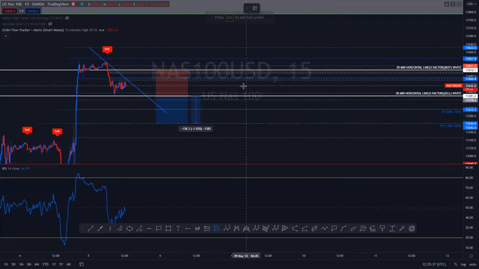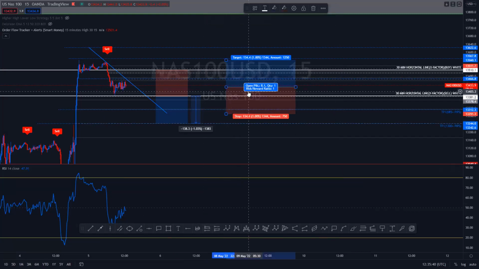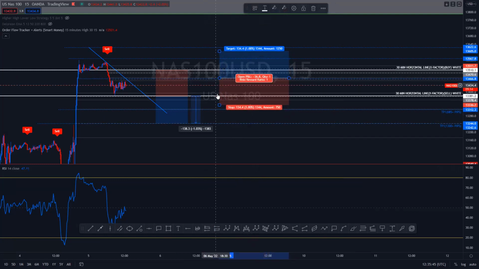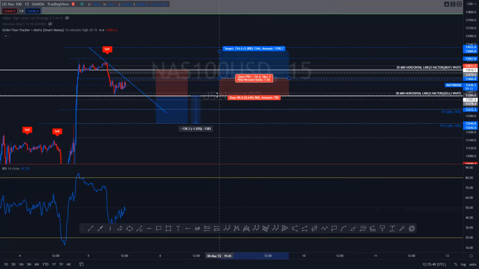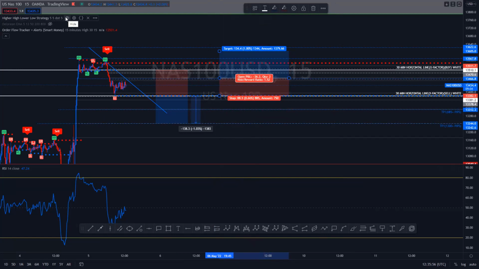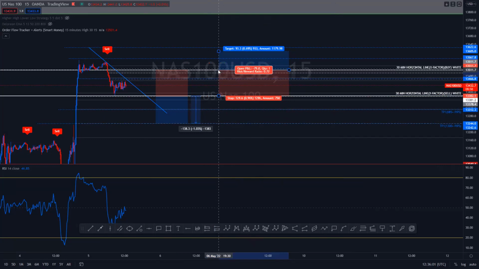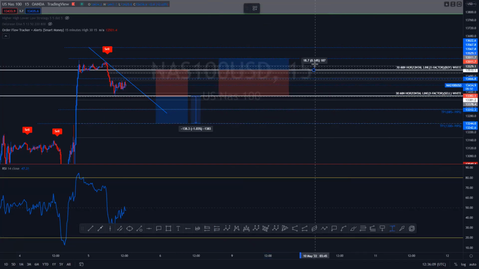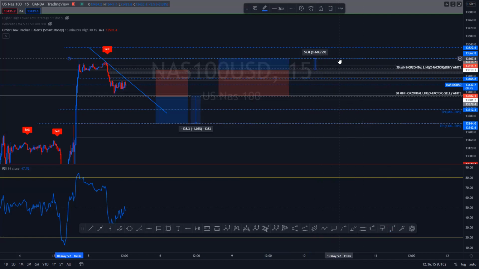Now I'm going to put my risk to reward tool for buy. Yeah, that's what I'll do. Then let's see, first take profit. Let's see how many pips that would be for the buy. Yeah, that's a decent amount. So I can deal with that.